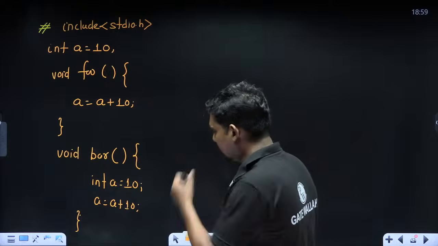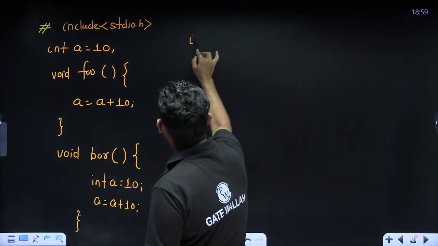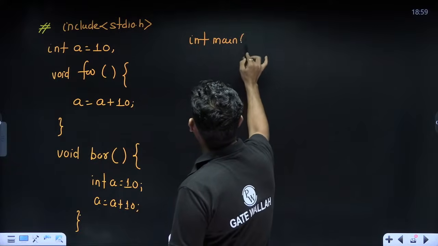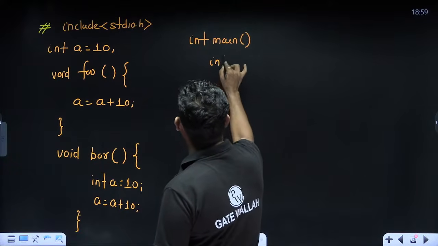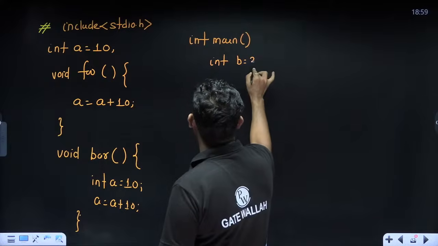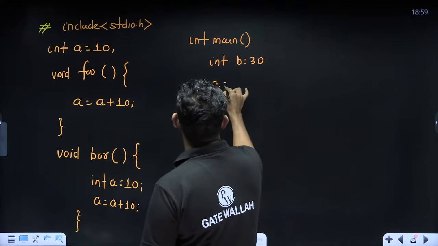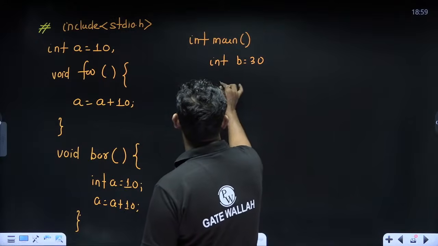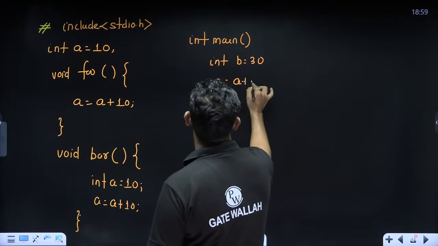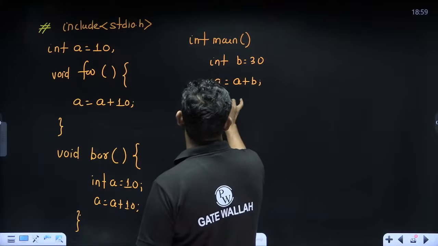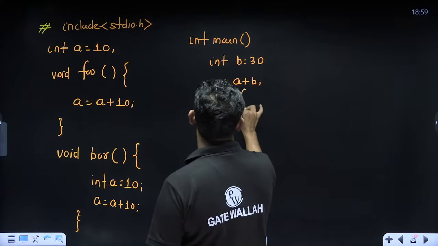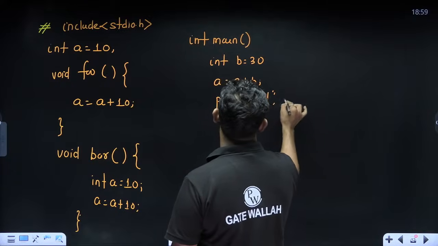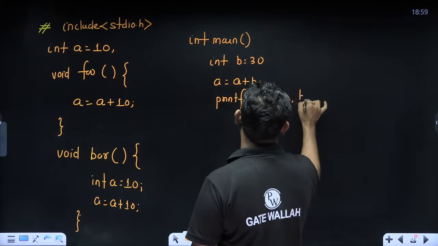Now this is bar. Let's come to main: int main, int b is equal to 30, and I say a is equal to a plus b. Then I say printf %d and a comma b.